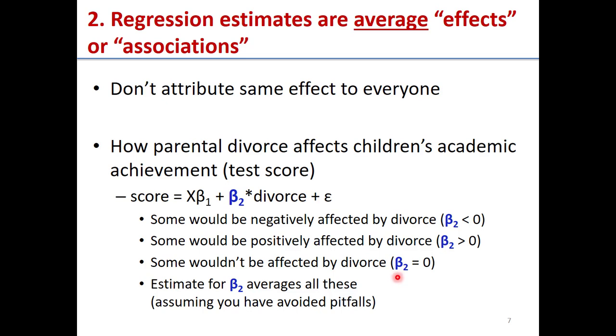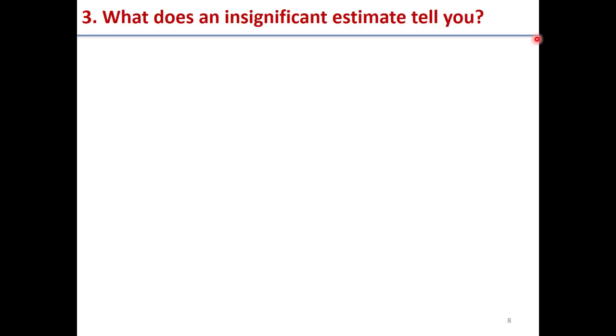And for those kids, their beta 2 equals 0. And so what we estimate is the average of all these different betas, the negative ones, the positive ones, and the ones which are equal or at least very close to 0. That's what we're getting for the average divorce. And this will have implications in a moment.